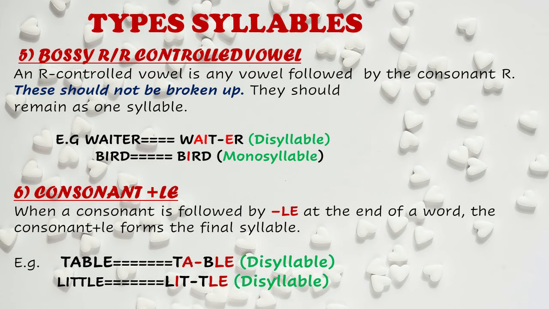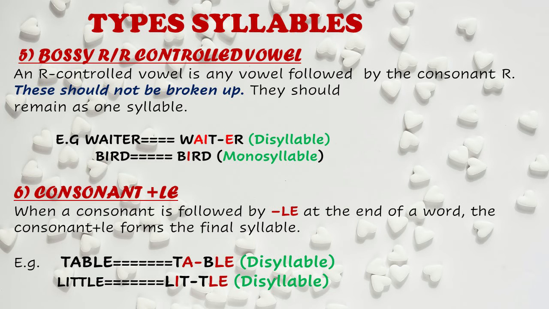Now the next word would be waiter, all right? So if you look at the word waiter, you have the vowel E followed by the R. So E and R would be counted as one syllable, all right? This should not be broken up, all right? And let's look at the word waiter. A and I is a vowel team, all right?